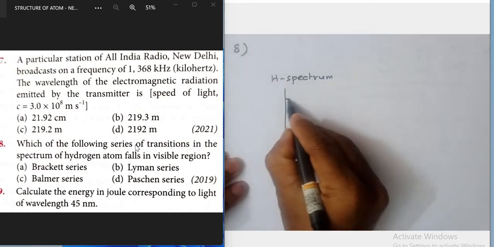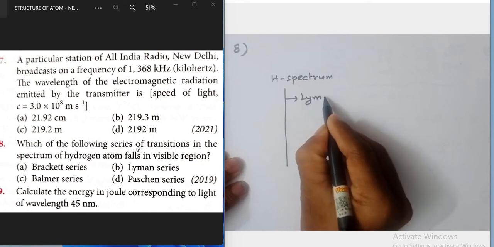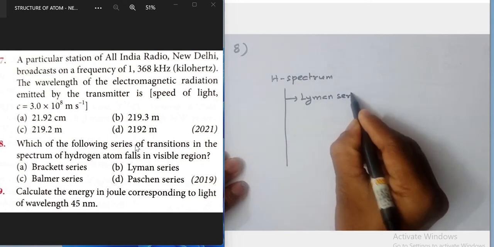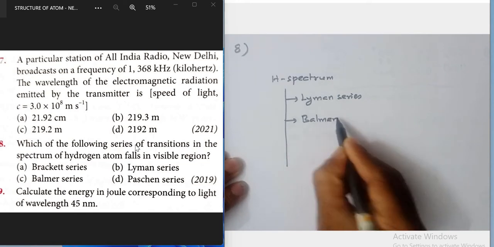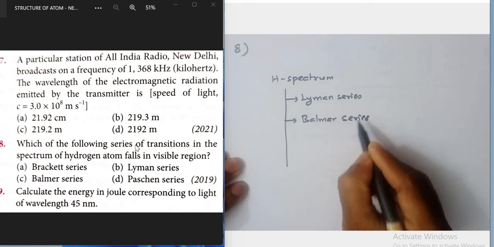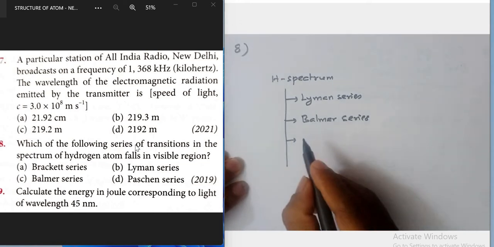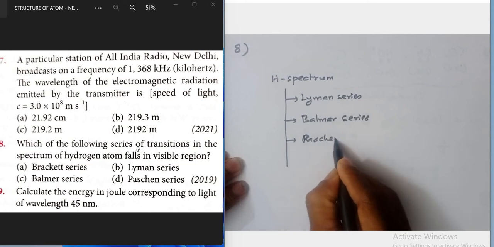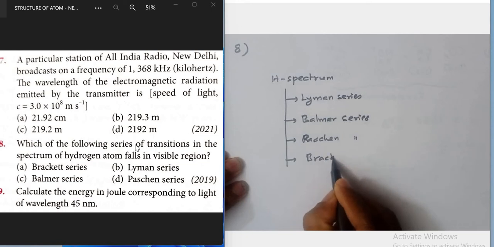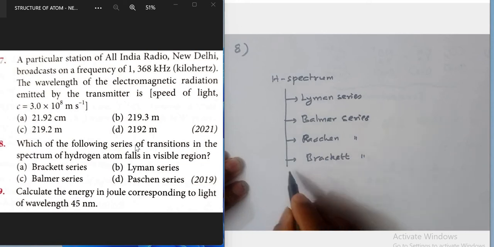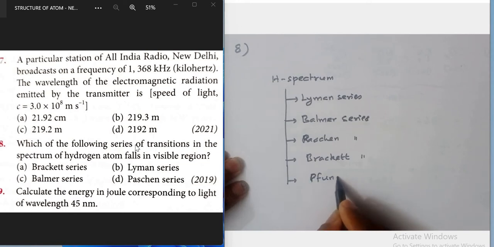Lyman series, Balmer series, Paschen series, Brackett series, Pfund series, then Humphreys series.